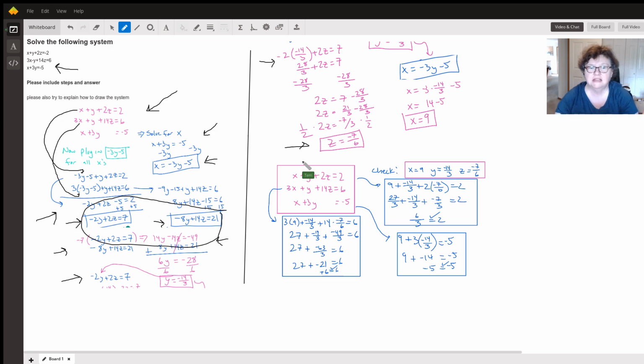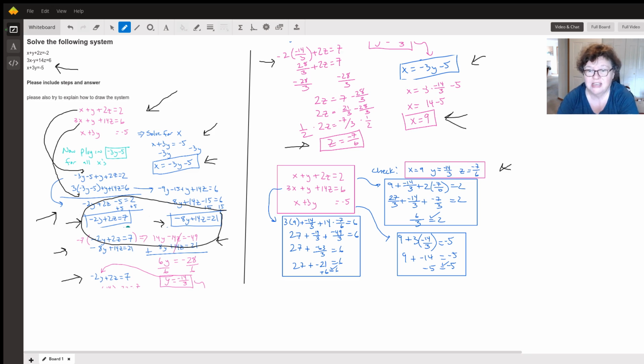Okay, then to get the x, you could take the y and the z and plug it back into one of the more complicated ones, but I thought, why not use the shorter one that I'd already solved up here for x being negative 3y minus 5. So I just plugged in the y value of negative 14/3 there, and that is how I got x was 9. So that's all 3 of them. That's solved now. X is 9, y is negative 14/3, z is negative 7/3.